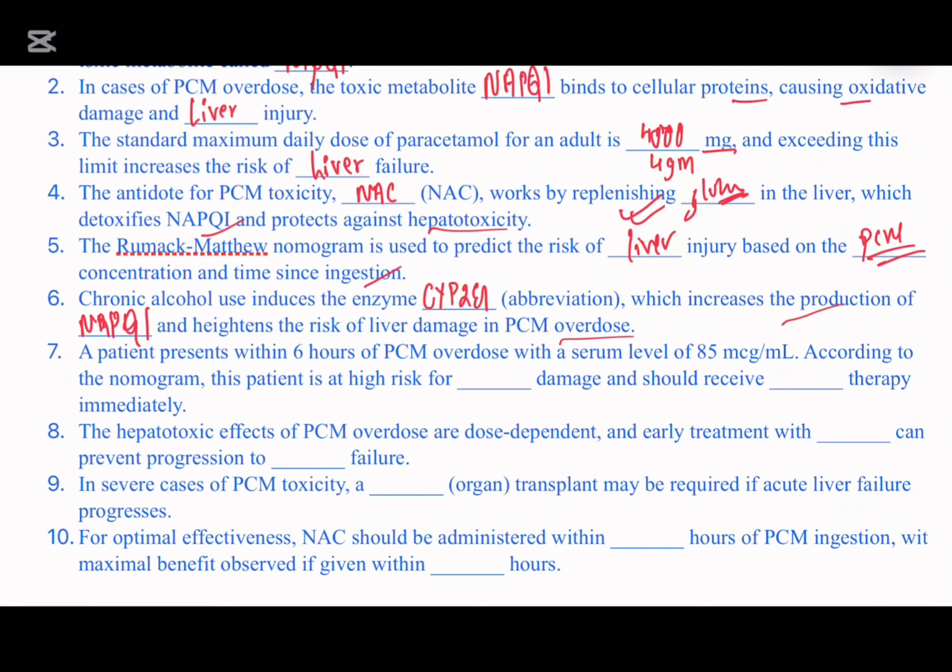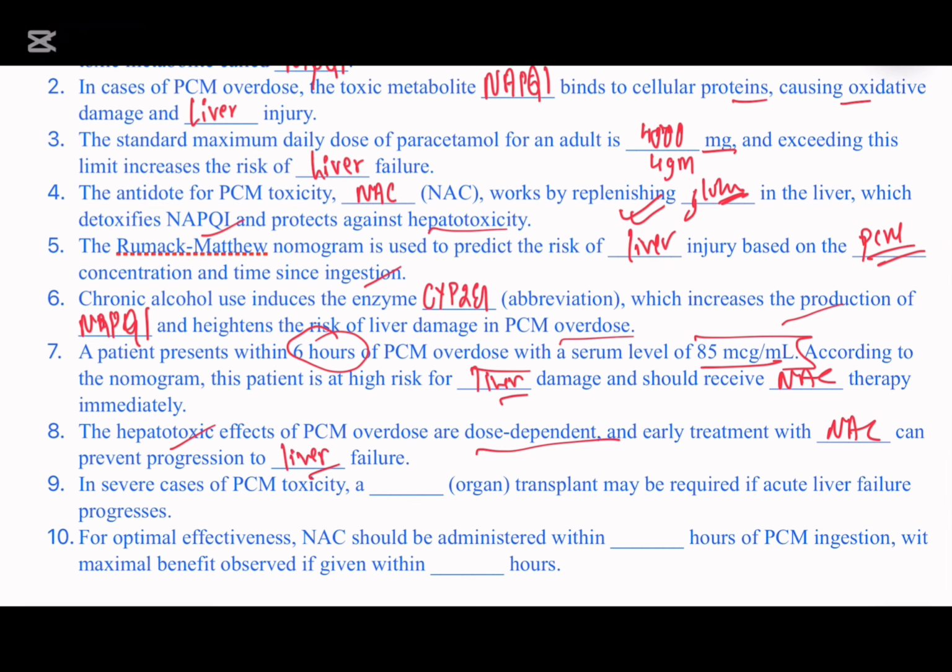A patient presents within 6 hours of PCM overdose with a serum level of 85 mcg per ml. According to the nomogram, the patient is at higher risk of liver damage and should receive NAC therapy immediately. The hepatotoxic effect of PCM overdose is dose-dependent, and early treatment with NAC can prevent progression to liver damage and liver failure.